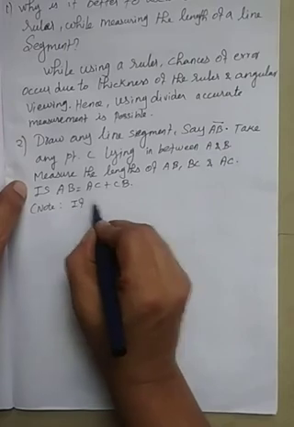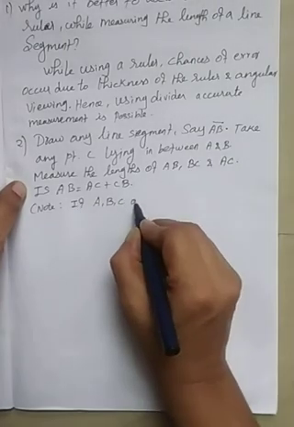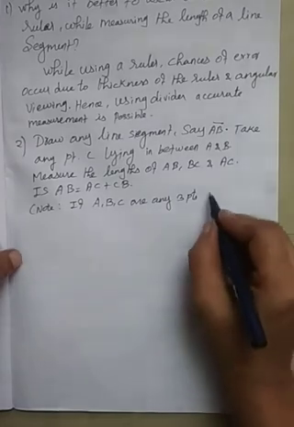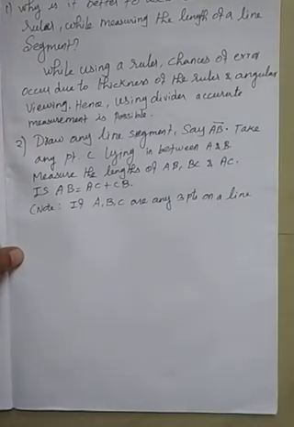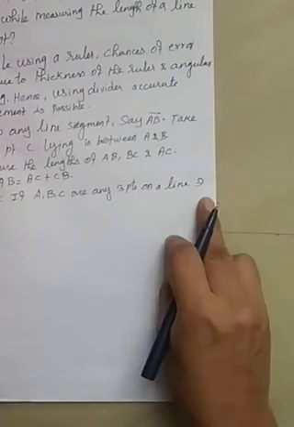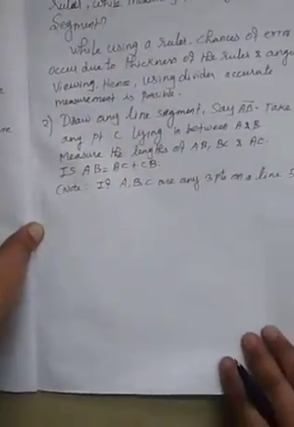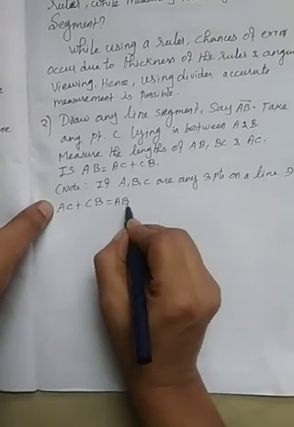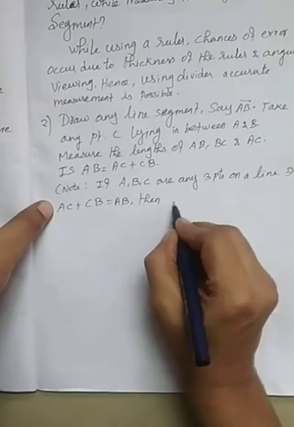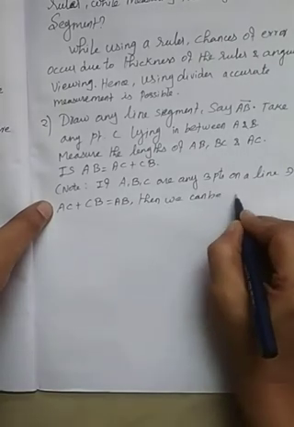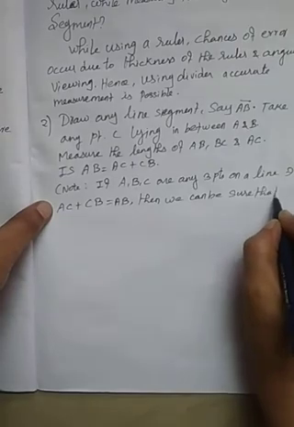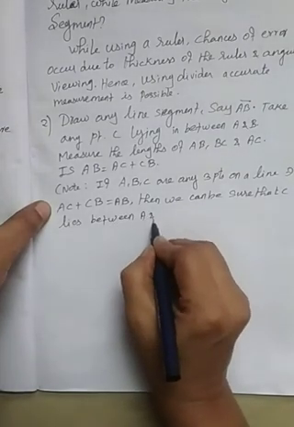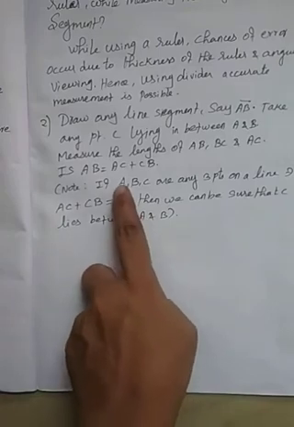That means if A, B and C are any 3 points on a line such that AC plus CB equal to AB, then we can be sure that C lies between A and B. Everybody clear this note? Okay.